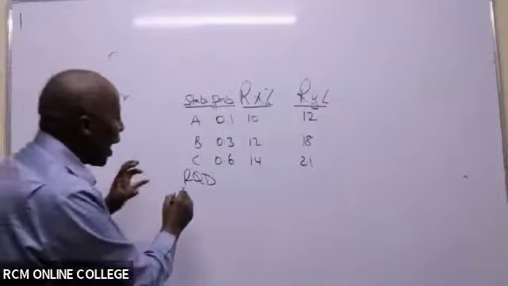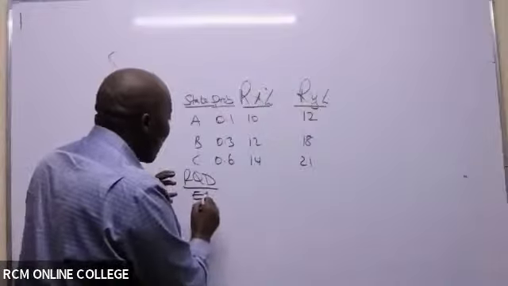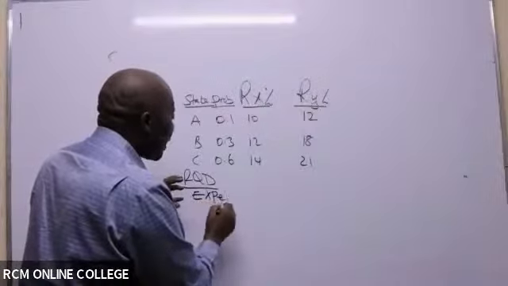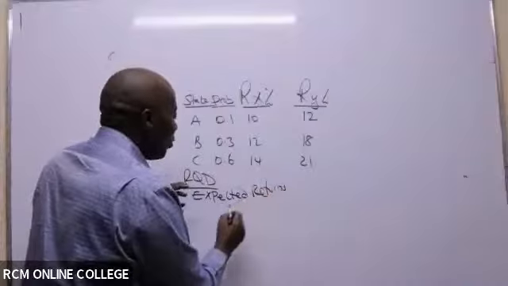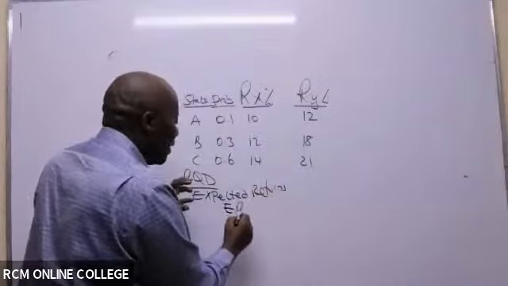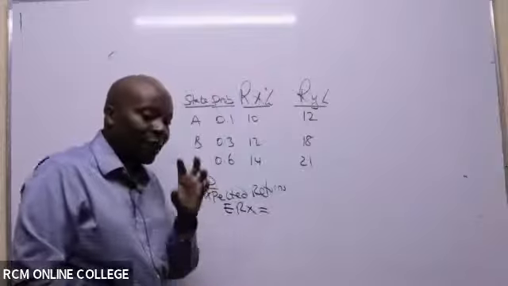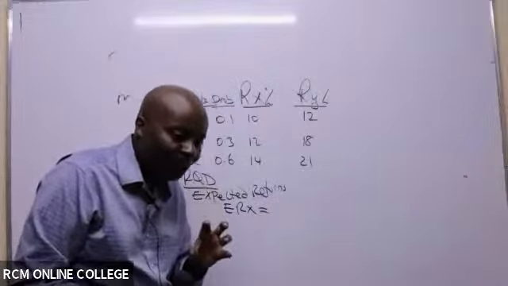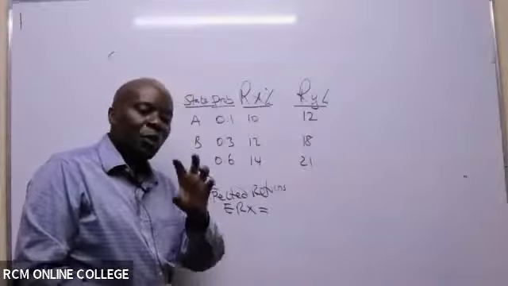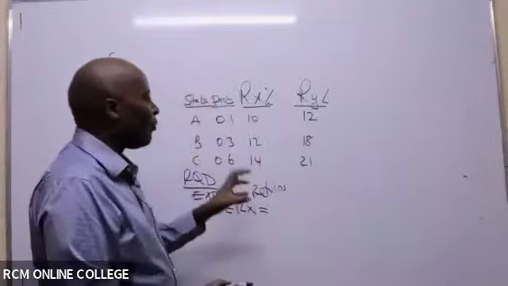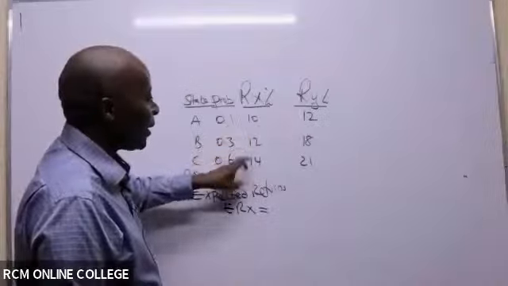So we are required very fast here to ascertain what we call expected returns. I would want us to calculate ERX. Why are we calculating expected returns? It's because for our decision making, we can't afford to make decisions haphazardly.